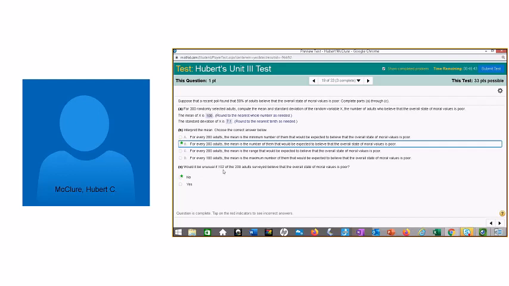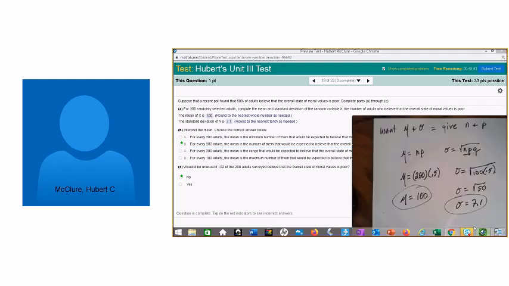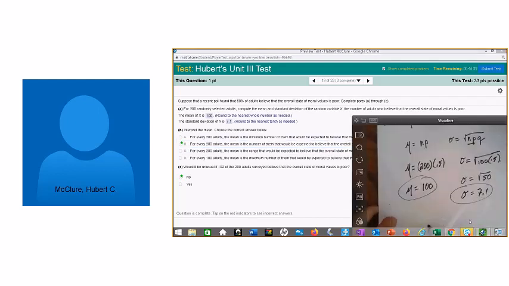Would it be unusual? When you look at unusual, you draw a curve. Mean is 100, 107, 114, 121, 93. 93 minus 7 is 86.